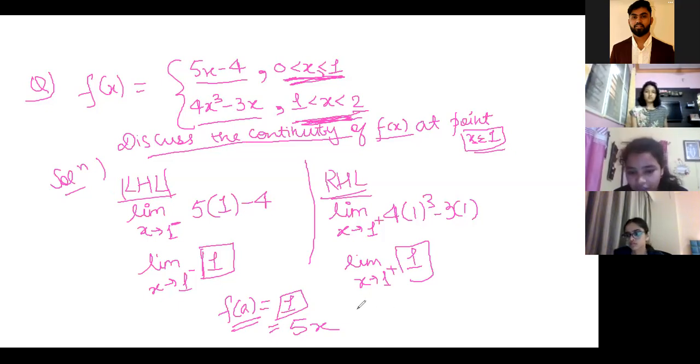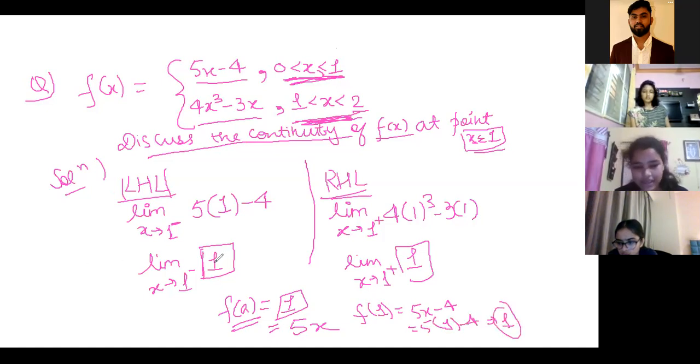So when we're talking about the value of the function at point A, we are talking about the same function f(x) minus 4, because only at this point can x attain the value 1. Substituting 1 in place of it, we get 1.